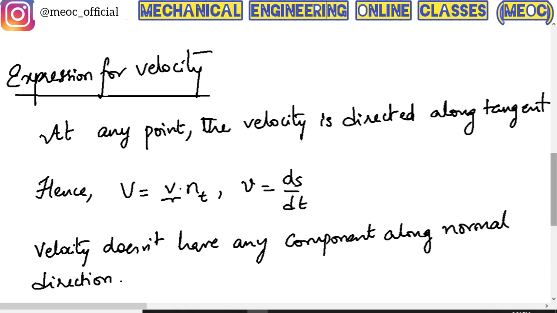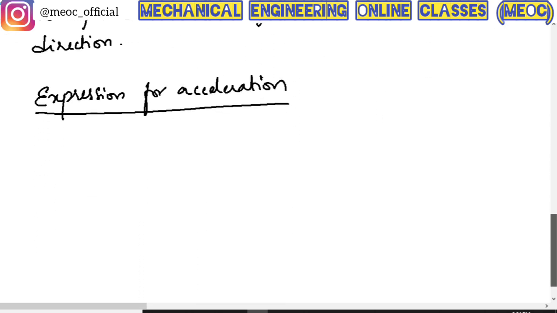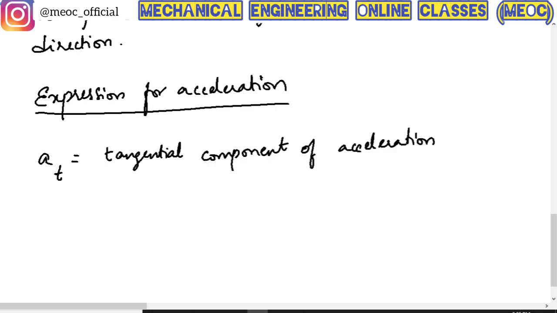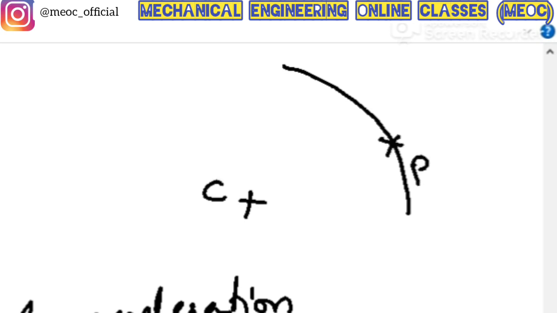Similarly, let us express acceleration also in natural coordinate system. So acceleration will have both the components. Let at be the tangential component of acceleration. As particle travels along a curved path, the particle which is at say point P, the center of curvature is C, the velocity is tangential.